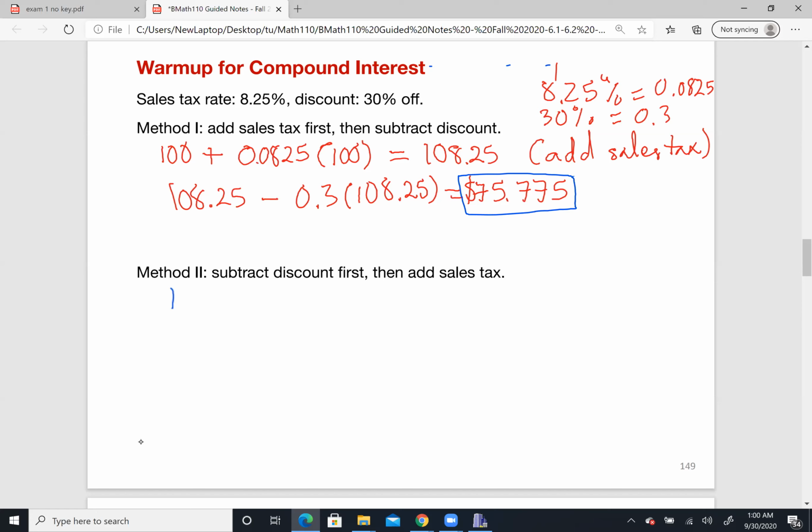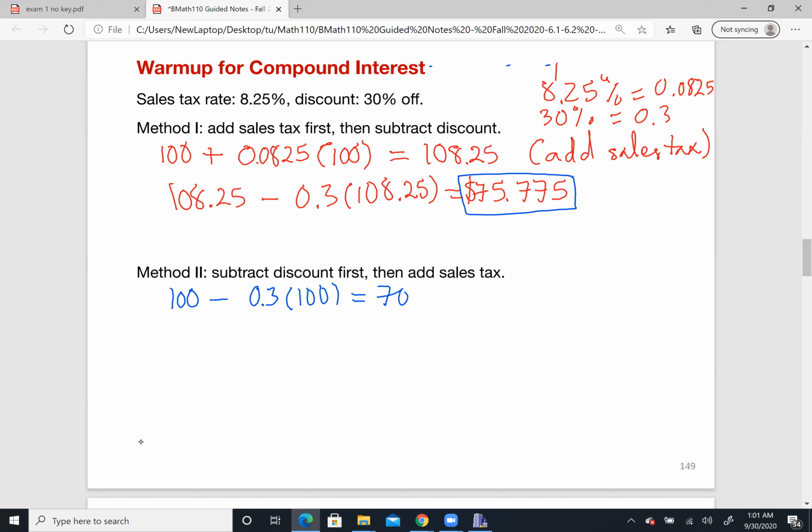So firstly it was 100. You subtract the discount, right? Subtract 30%, which is 0.3. So 0.3 times 100, and then you're going to have 30, and 100 minus 30, you're going to have $70.